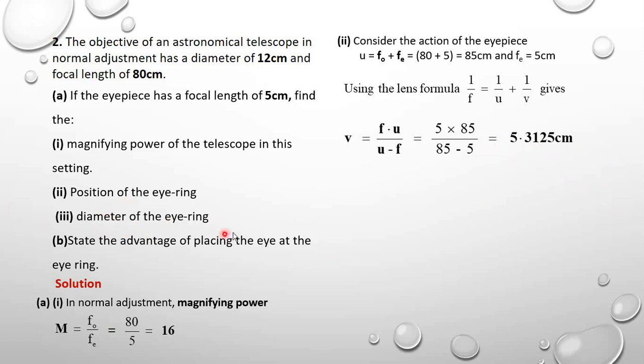Then they want us to get the diameter of the eye ring. Remember the formula, diameter of the objective over diameter of the eye ring is equal to M, which is F naught over Fe. So that's the formula we shall use.